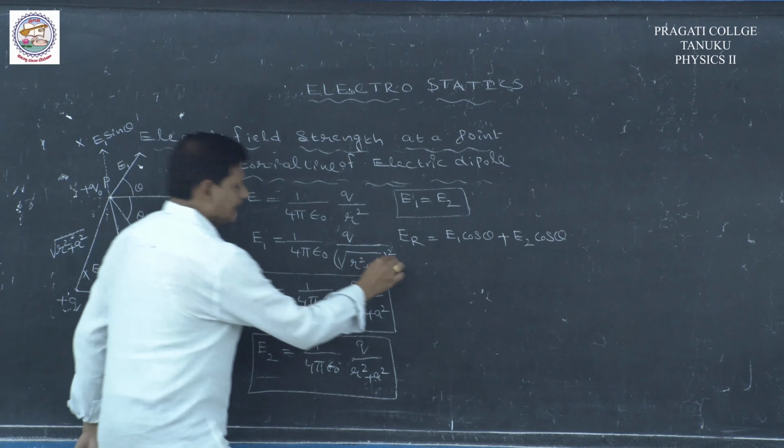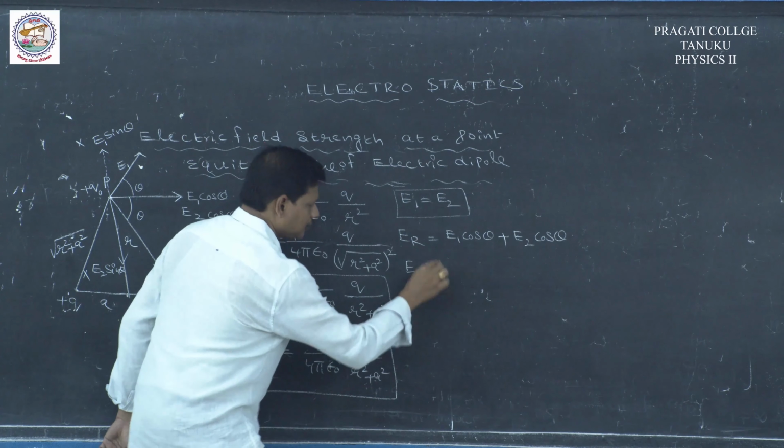So, let it be E equatorial, E_EQ, which is equal to E1 cos theta plus E2 cos theta.